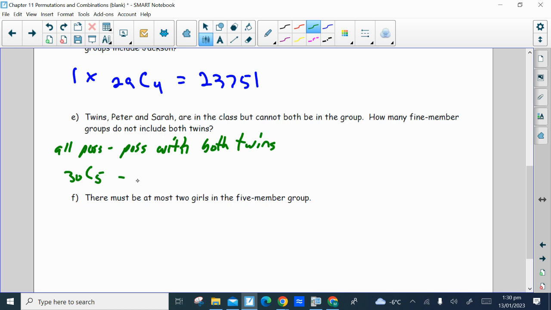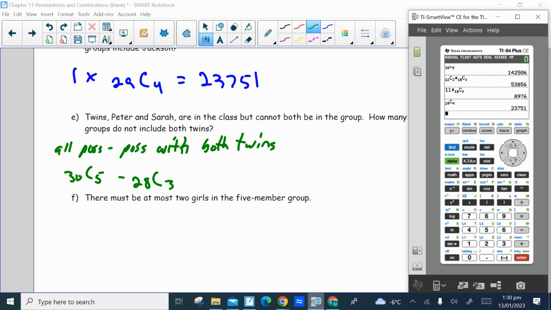And we need to choose 3 from the remaining 28. So 30C5, or we could use the 142,506 that we saw was the answer from above, minus 28C3. Gives us 139,230.